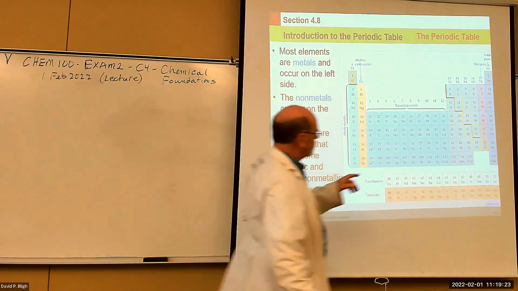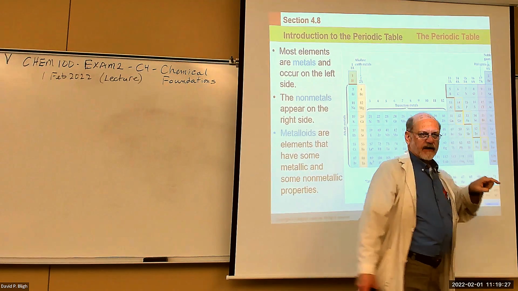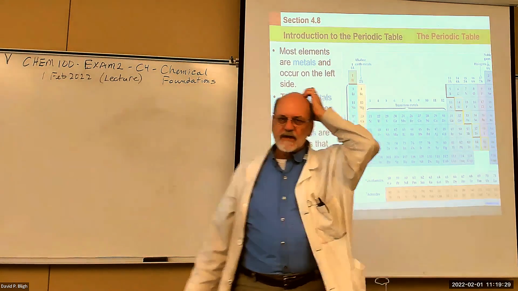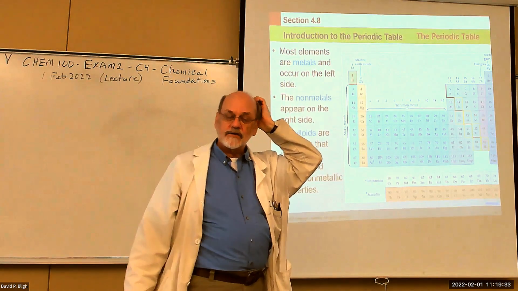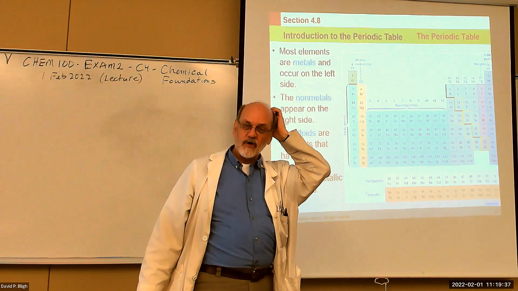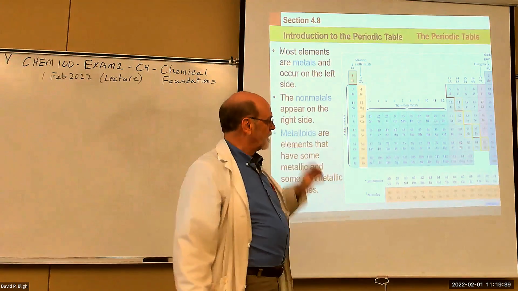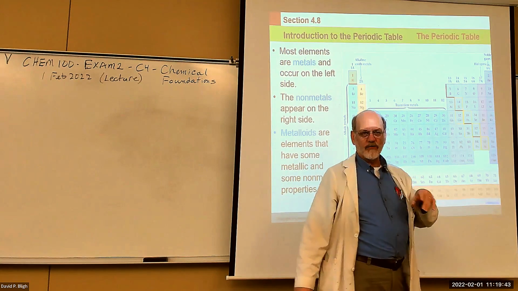Now we have a few right along close to this black line that under certain circumstances exhibit metallic behavior, and under other circumstances exhibit non-metallic behavior. Those are called metalloids. And the ones that are metalloids can vary depending on the author.